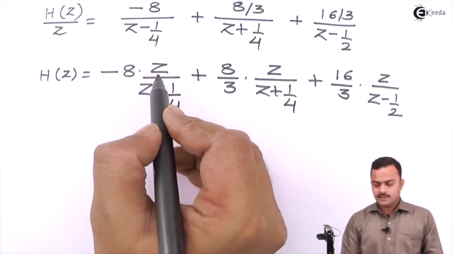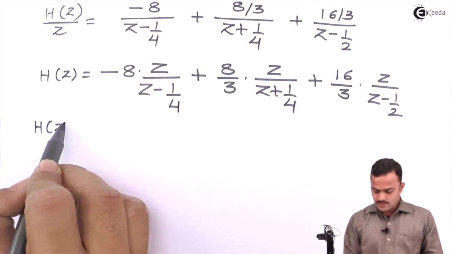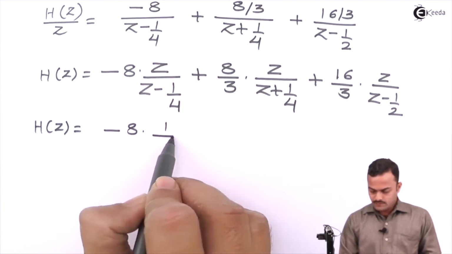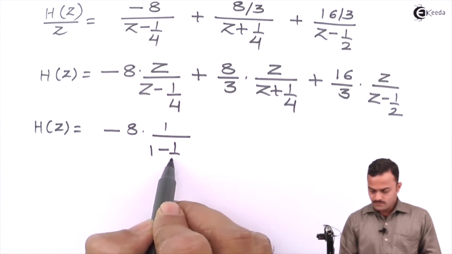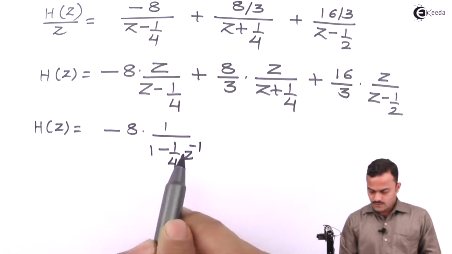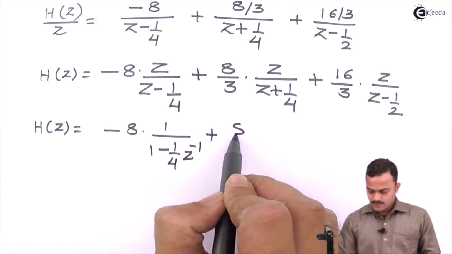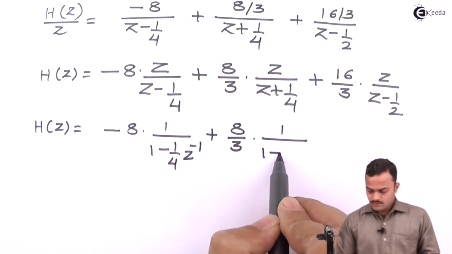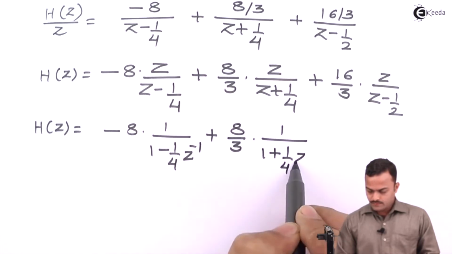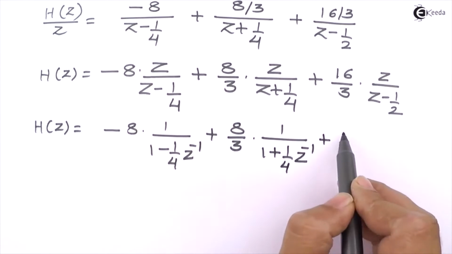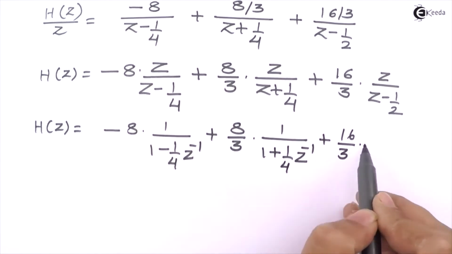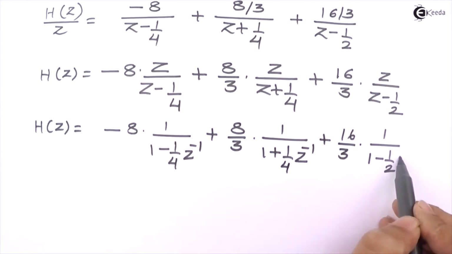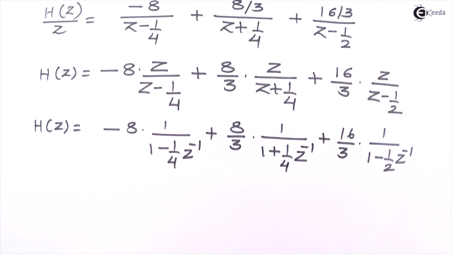So once again, if we adjust the z, we'll get here minus 8 into 1 upon 1 minus 1 by 4 z inverse plus 8 by 3 into 1 upon 1 plus 1 by 4 z inverse plus 16 by 3 into 1 upon 1 minus 1 by 2 z inverse.